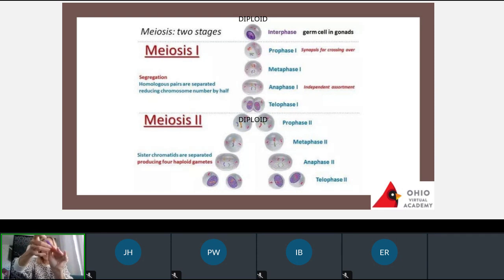The chromosome ends switch. The chromosome ends switch. This is called crossing over. Crossing over. In crossing over, the pieces of the chromosomes exchange genetic information.